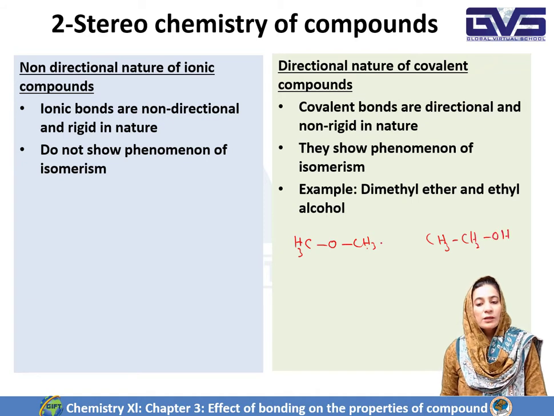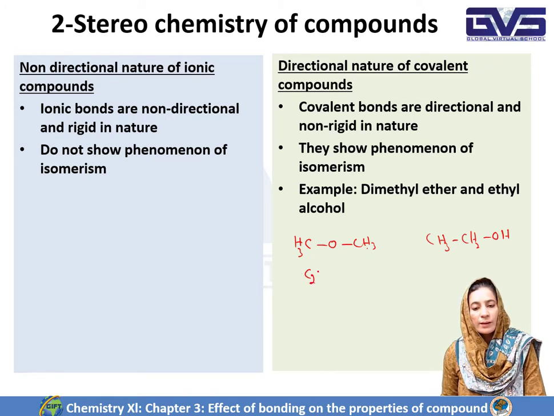And the other is ethanol. Ethanol is CH3CH2OH. And if you focus on this, in this compound there are total 2 carbon, 6 hydrogen and 1 oxygen, and in this case also total 2 carbon, 6 hydrogen and 1 oxygen. So they have the same molecular formula. Basically this is just a rearrangement of dimethyl ether and ethanol.